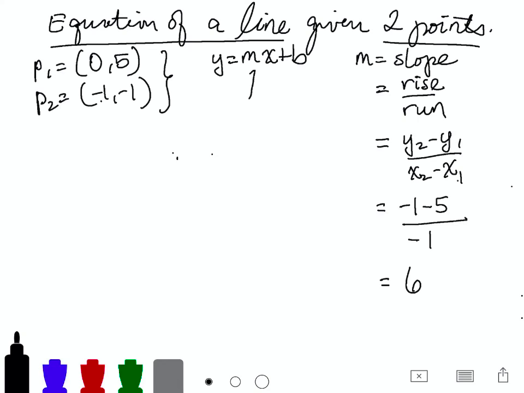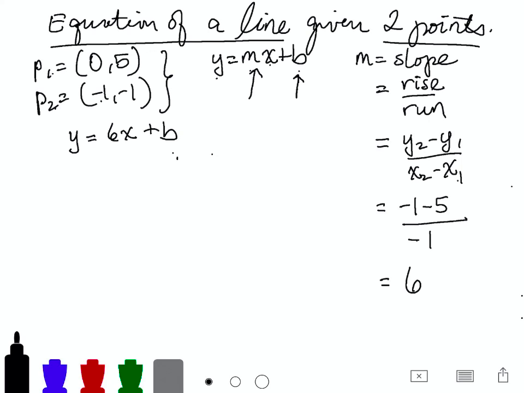So now we have our m value. How do we get our b value? Well, we only need to know 1 point on the line in order to get the b value, because we can plug in y and x, and we know m already. So here's the example. We have y equals 6x plus b, which must be satisfied by both points.